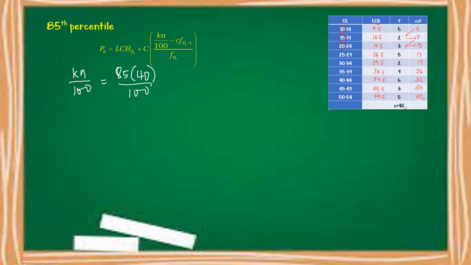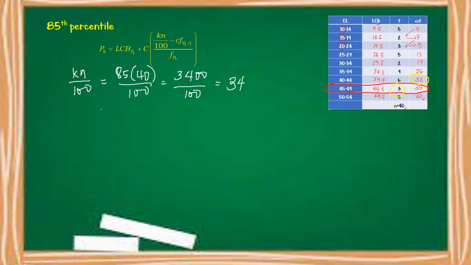Let's solve first the numerator and then divide by the denominator, which gives 34. And then locate it in our table. I think it's here, because the previous one is 35. And then this is the less than cumulative frequency, and this is the frequency that we need.